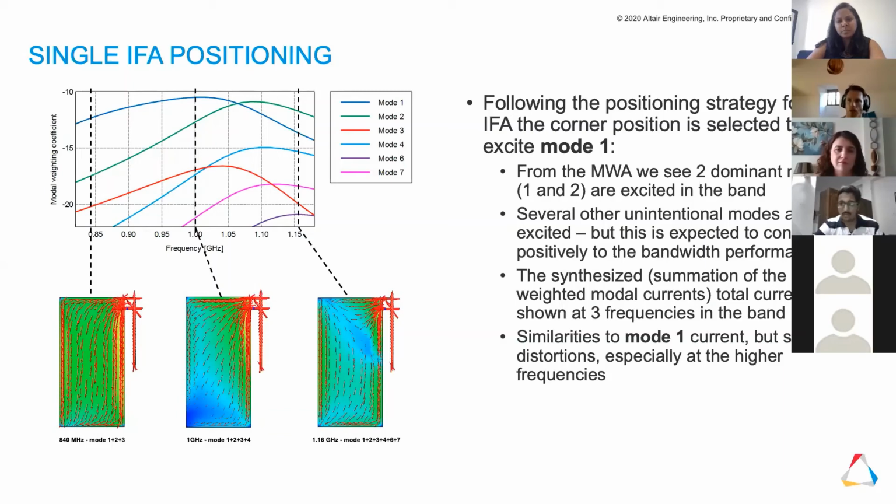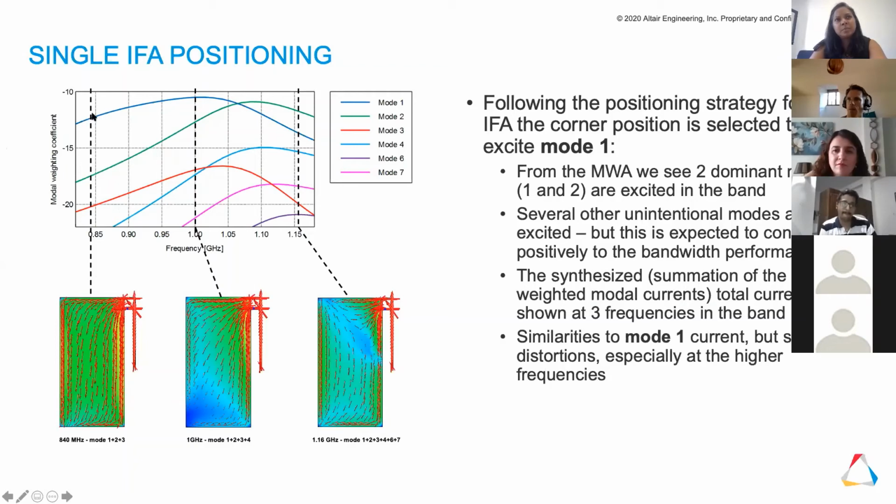But here, another question: is there any relation with dominant modes or modal weighting coefficient when we correlate with the combined modal currents? So I think here you can see that probably most nicely in this image.